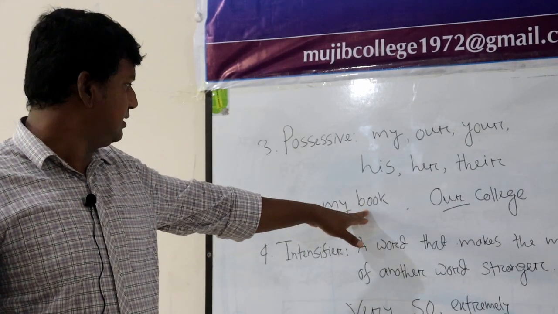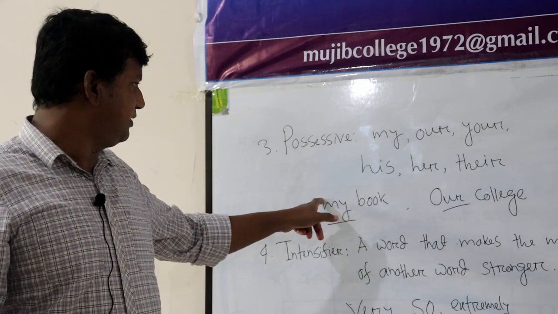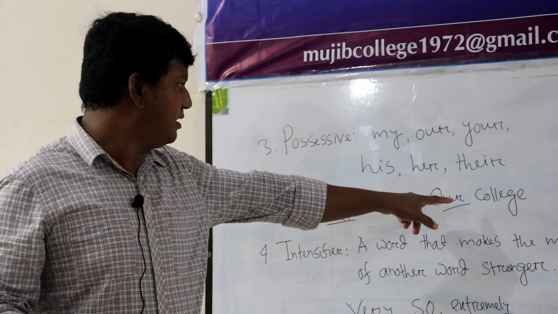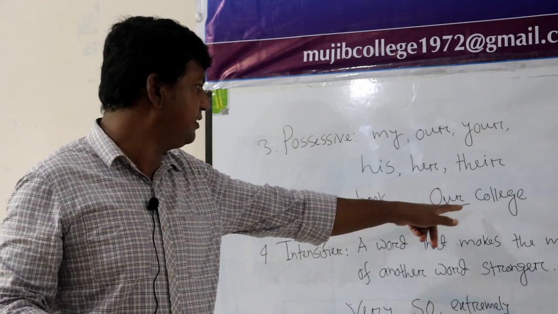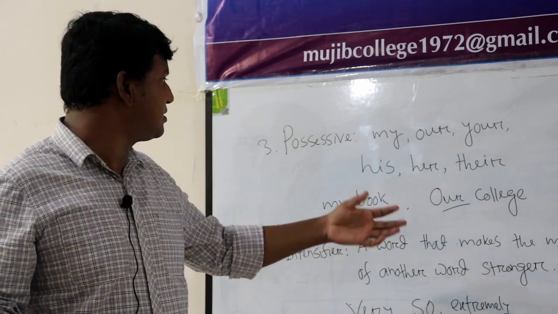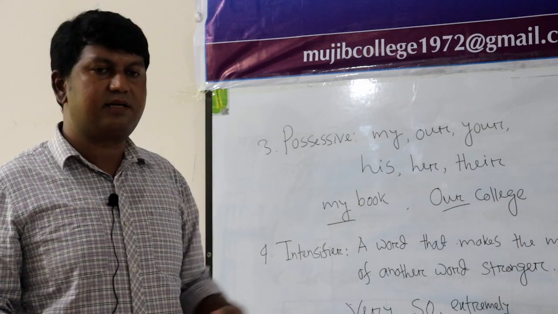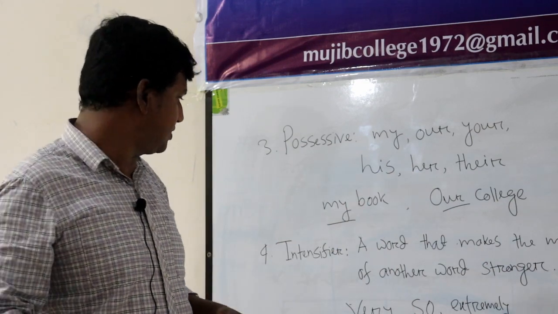My book. We never say book my. My is a pre-modifier. Our college. Our is possessive and it is the pre-modifier. It is modifying the word college. Similarly, you can say their friends, his brother, her sisters. You can make many more examples by yourselves.